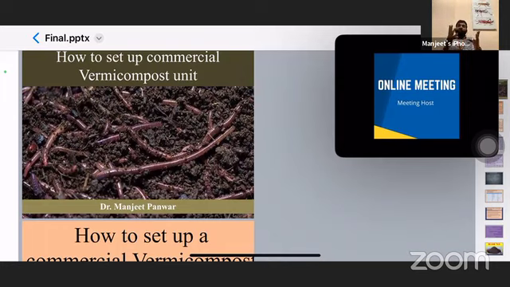Vermicomposting is now gaining strong popularity and a foothold in the country day by day due to its simple production technique, as well as the ecological, economical, and human health benefits associated with it.